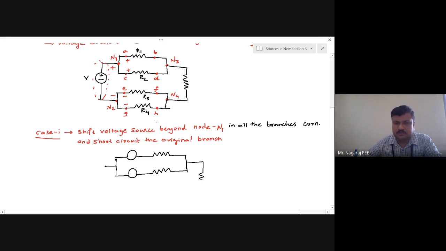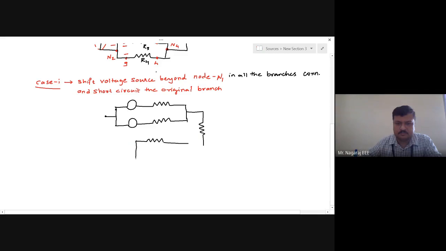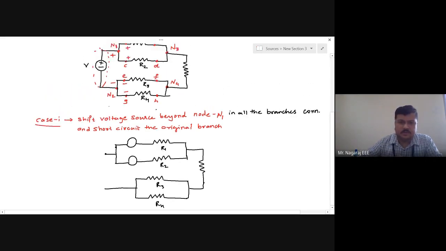I have this resistor here. So this is R1, R2, R3 and R4. Now the original branch of the voltage source should be replaced by a short circuit.